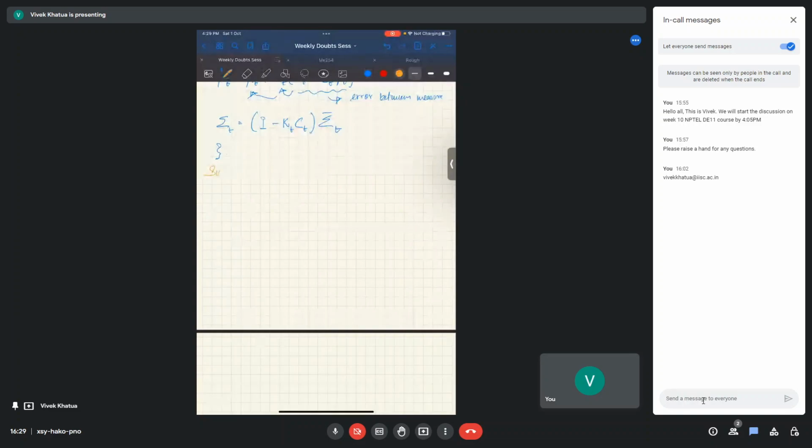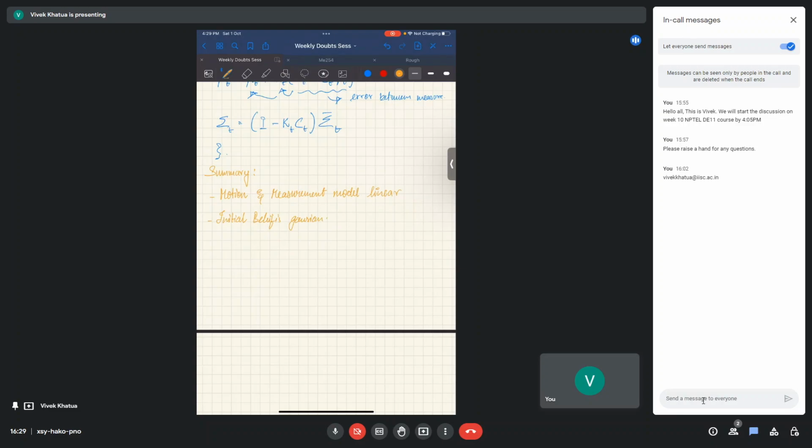Okay? So here we can see one thing, let me just summarize. We see that the motion model is linear, and the measurement model is linear, then the initial belief is Gaussian, right?